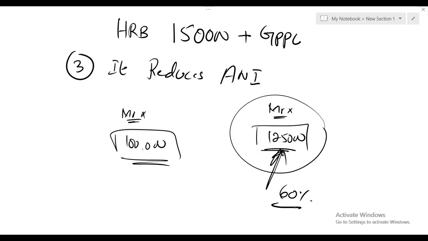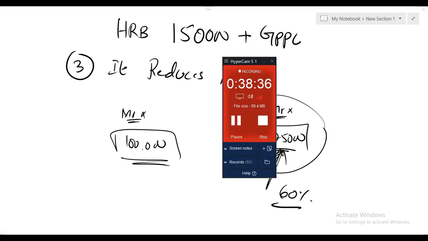Because the student thinks that there is no such tax rate of 60%. Then how is it possible that Mr. X is going to save tax 60%? I will prove this, inshallah, that if someone is having income of 1,25,000, then this individual must contribute in PPC, and by contributing in PPC, this person is going to save tax by 60%. So I'll prove this after the namaz break, not now.